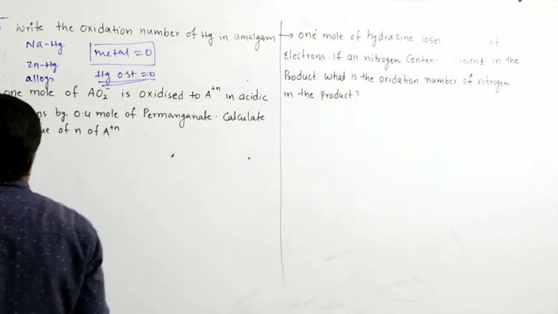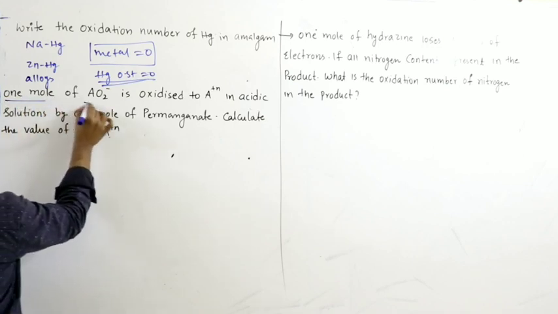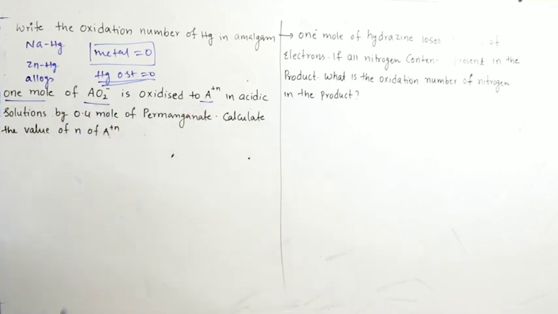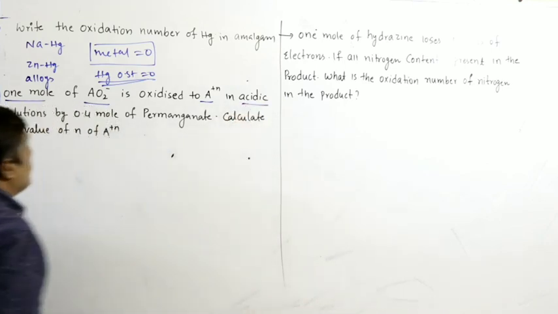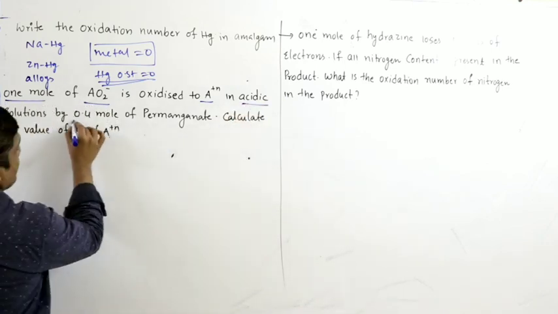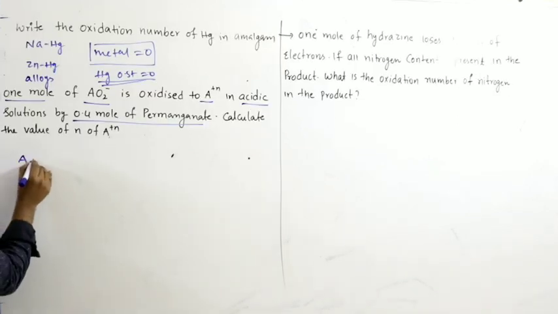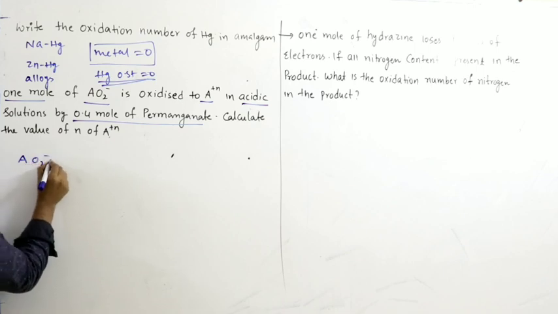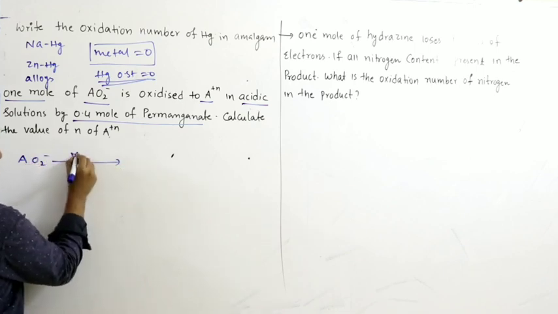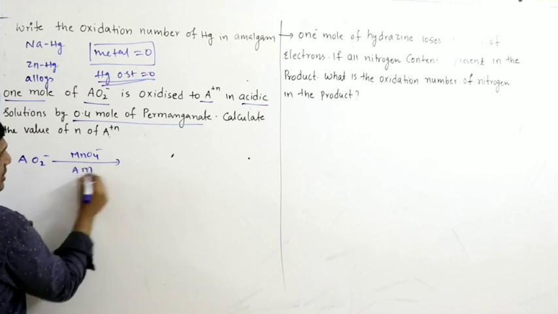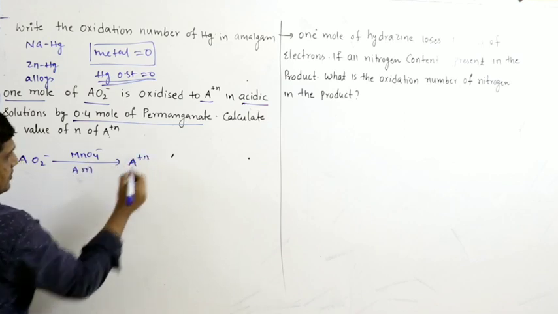Coming to the next one, 1 mole of AO2 minus is oxidized to A plus n in acidic solution by 0.4 moles of permanganate. So permanganate oxidizes AO2 minus in acidic medium to A plus n.